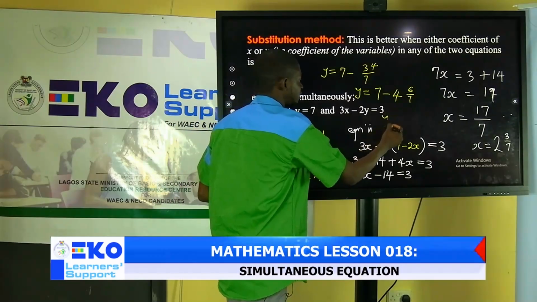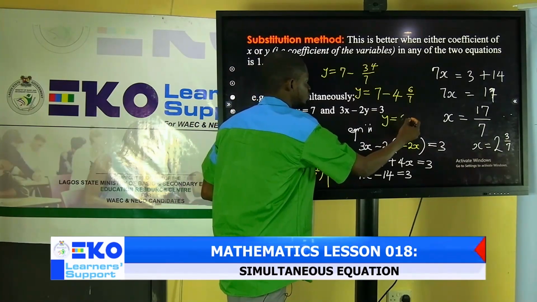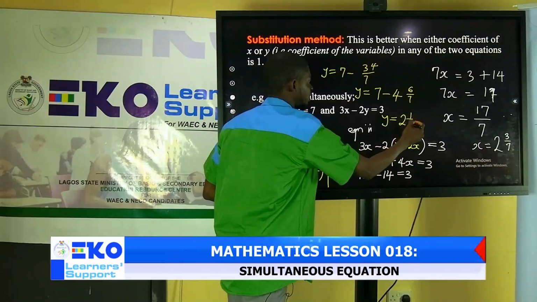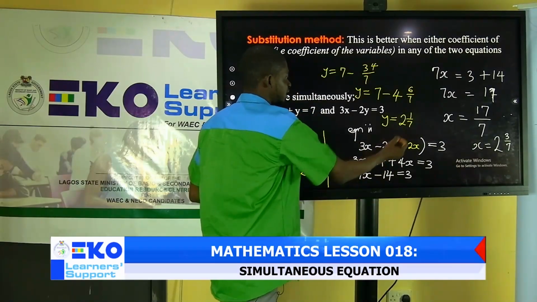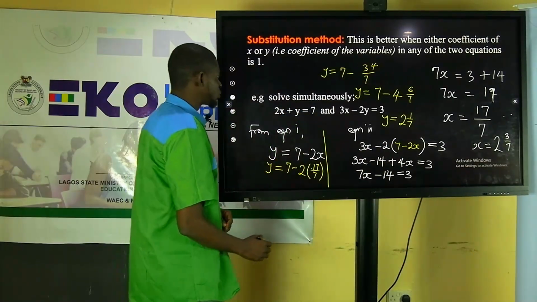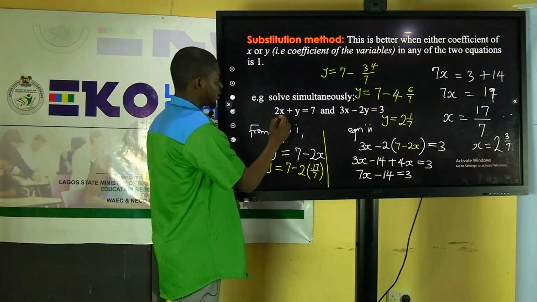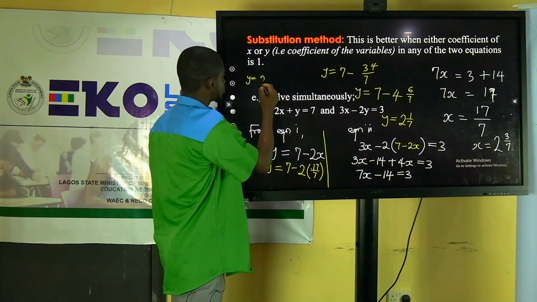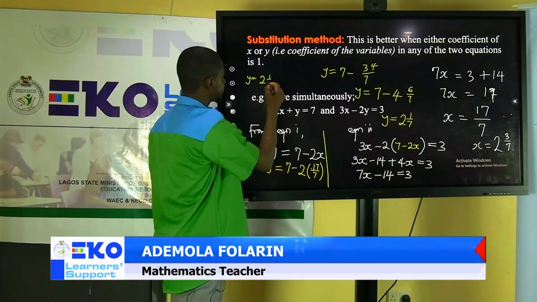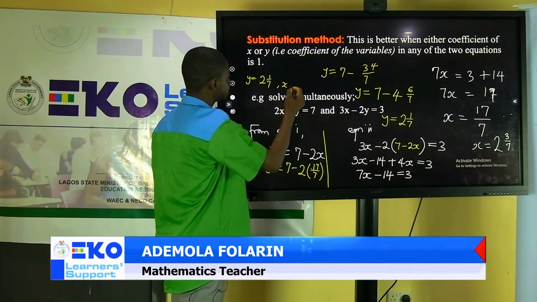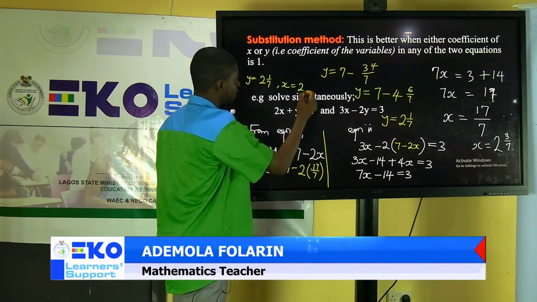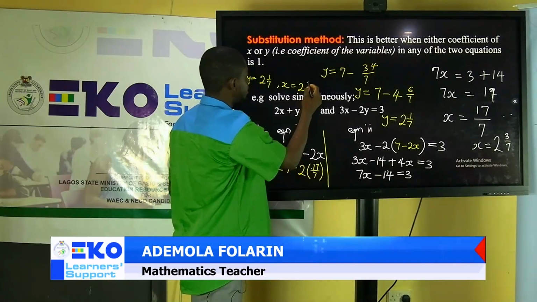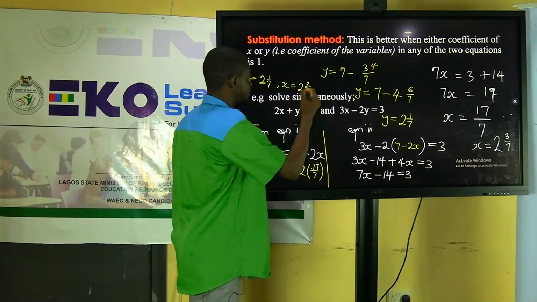We have y equals 2 whole number 1 over 7. And with that, we've been able to say, for this equation, our y is equals to 2 whole number 1 over 7, and our x is equals to 2 whole number 3 over 7.